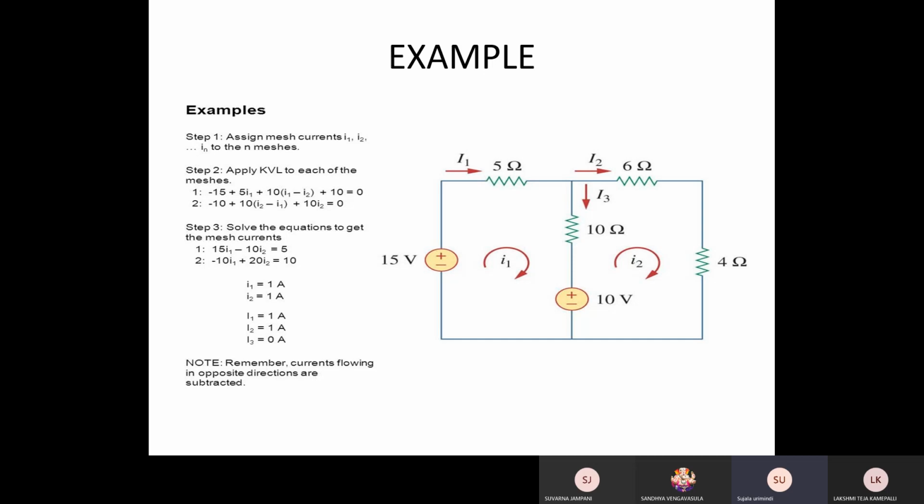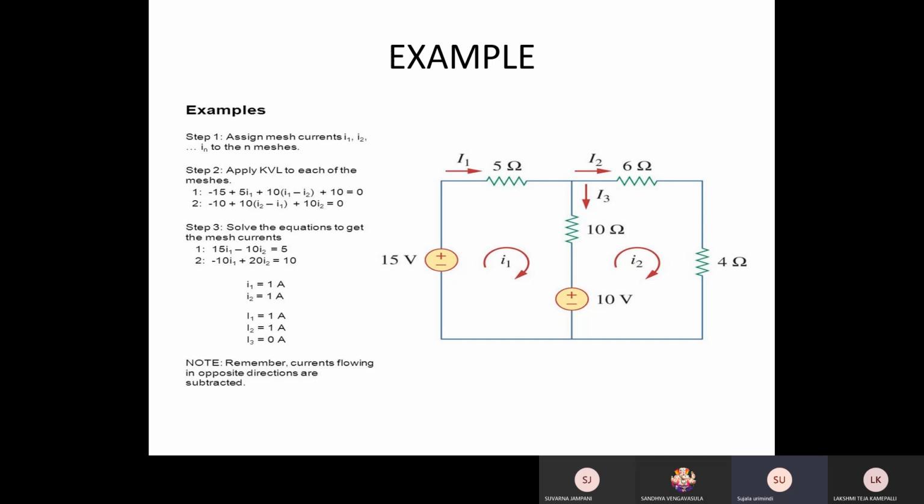When the directions of both are the same, then you have 10 into I1 plus I2. When opposite, it depends upon the figure. If I1 is entering and I2 is leaving, then you have to write 10 into I1 minus I2. When you take the first loop as the preference, with the first loop polarities plus to minus, it is 10 into I1 minus I2.